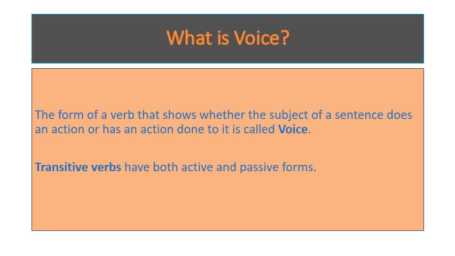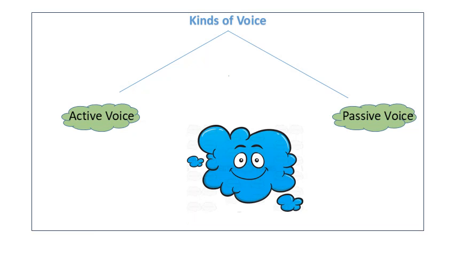Transitive verbs have both active and passive forms. We know that voice is a form of verb. And there are 2 types of voice in English grammar, active voice and passive voice.